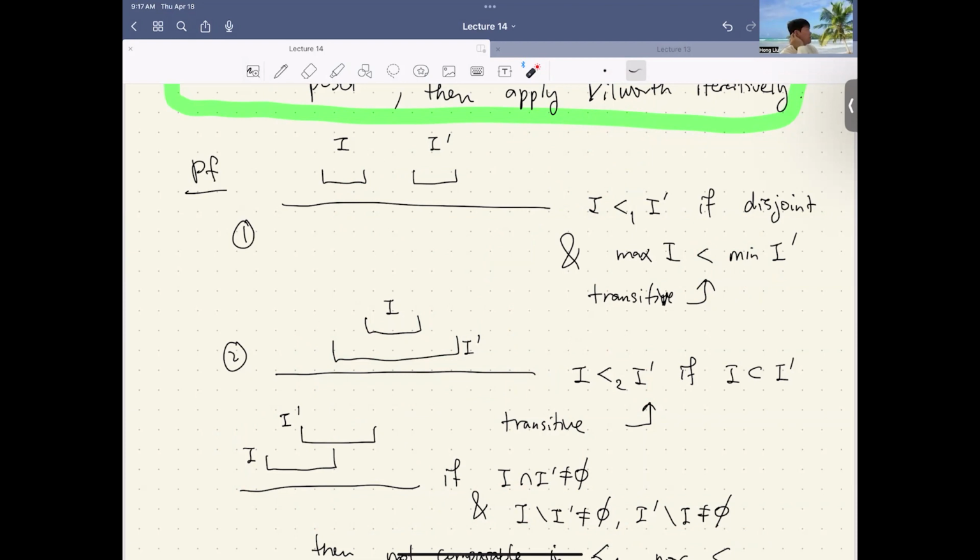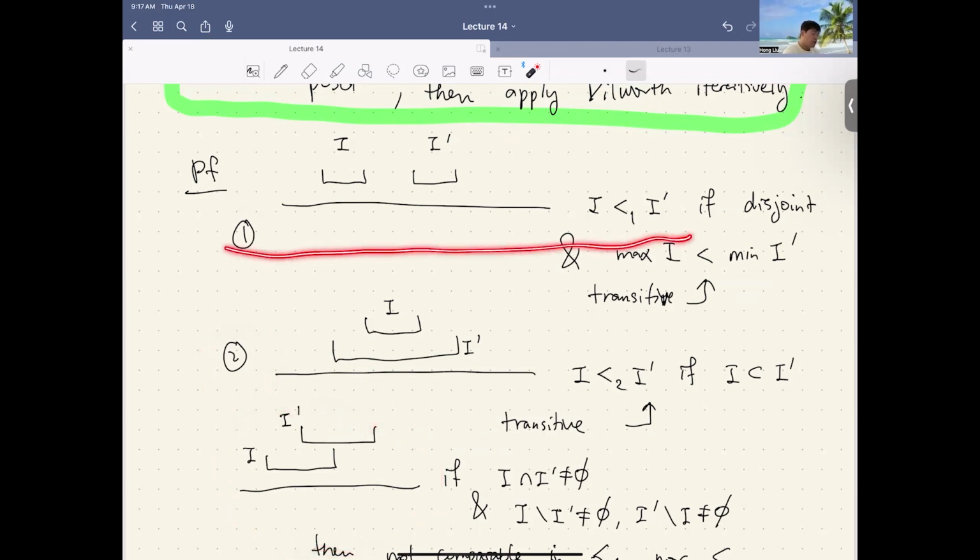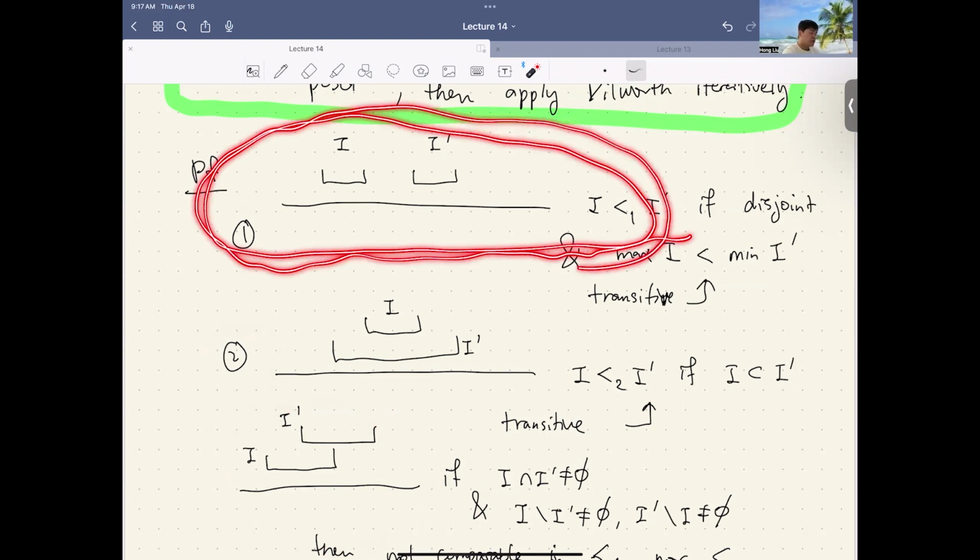Anyone see it? Because we don't need to distinguish 2 and the rest, right? If they form a chain in the first partial order, they are pairwise disjoint already.